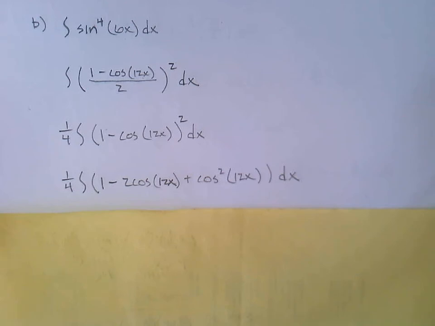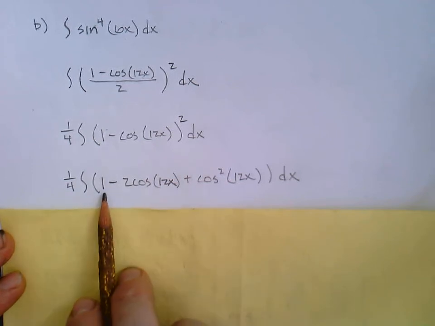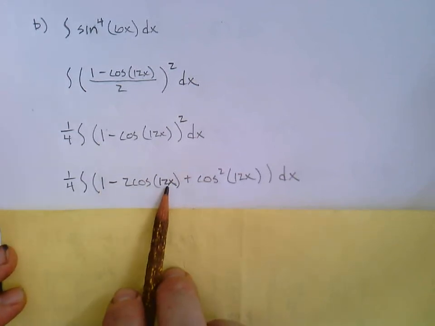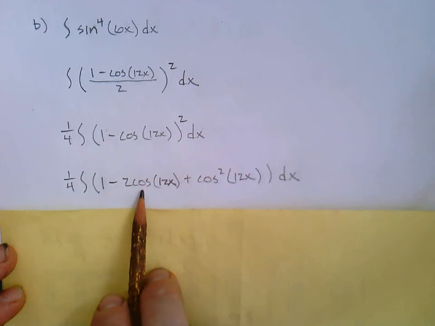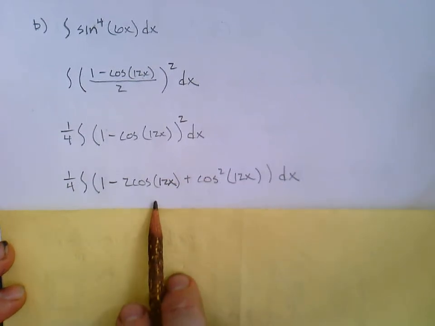And you can see, okay, we've made some progress. Both of these first two terms, we can take the antiderivatives of them as they are, right? Certainly we can do it for 1, and even 2 cosine 12x, we'll be able to do that antiderivative since it's just a first power of cosine. But let's execute that a little bit later.